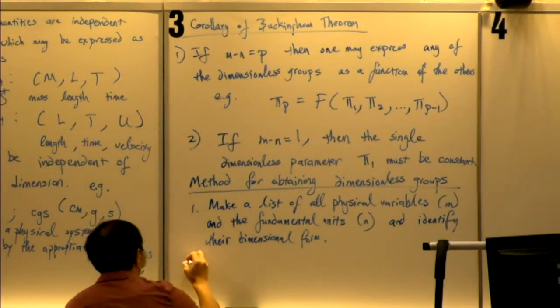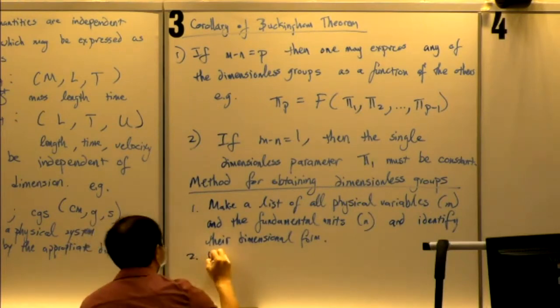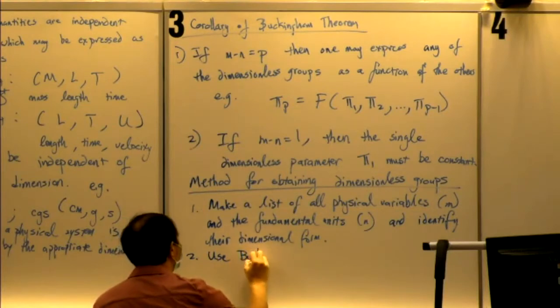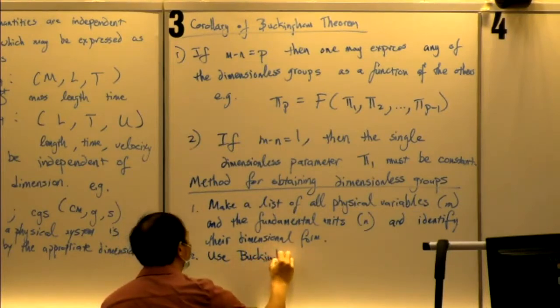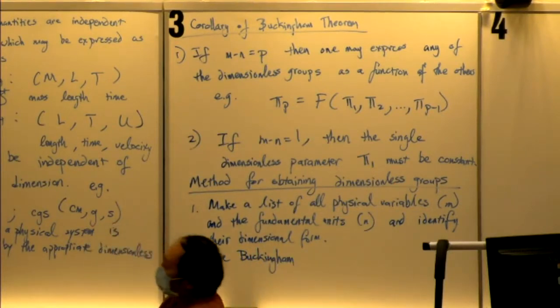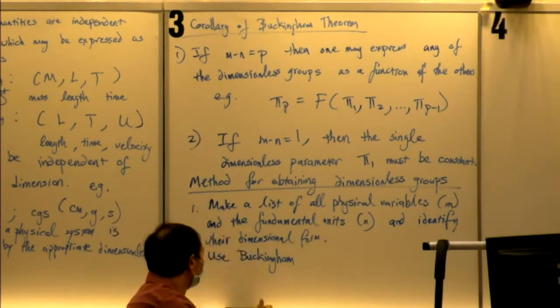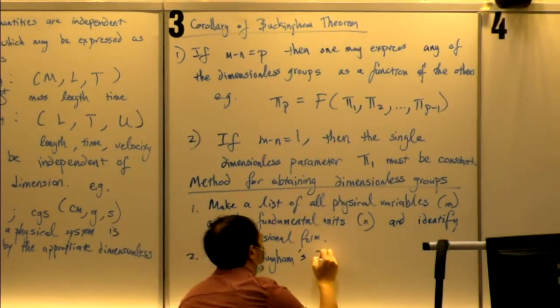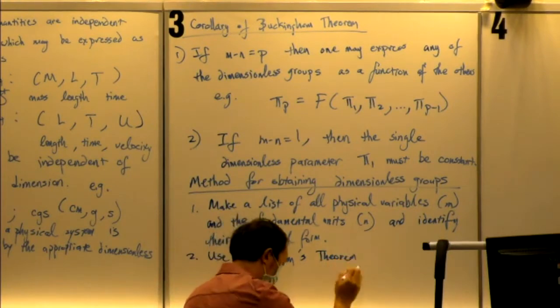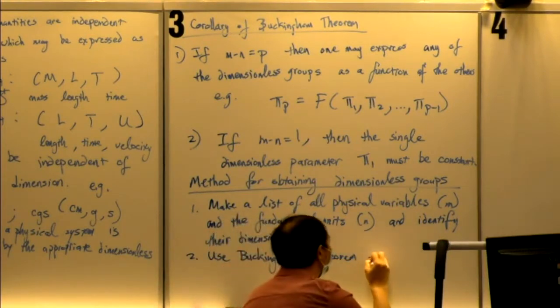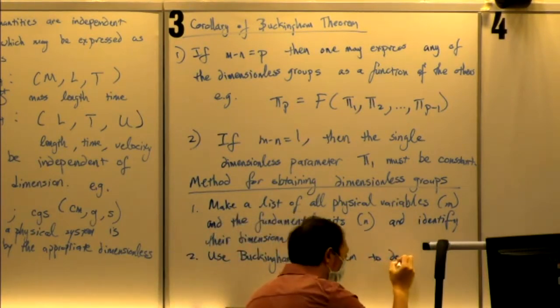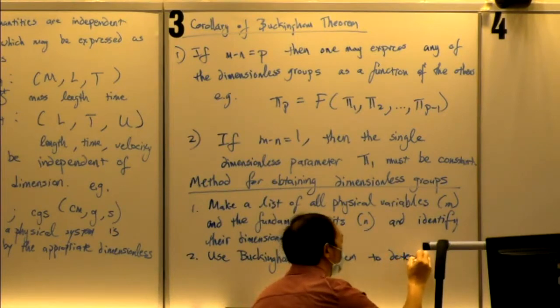That's number 1. Number 2, use Buckingham's theorem. You can't use Buckingham's theorem until you know how many units you have and how many physical variables. That determines the number of groups.